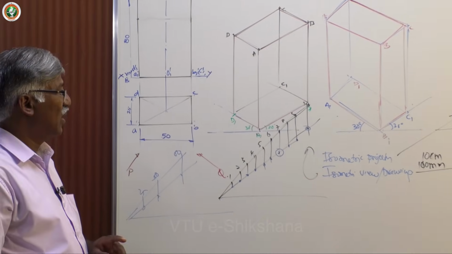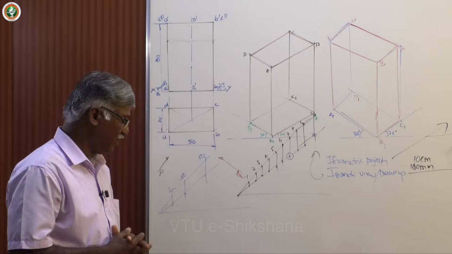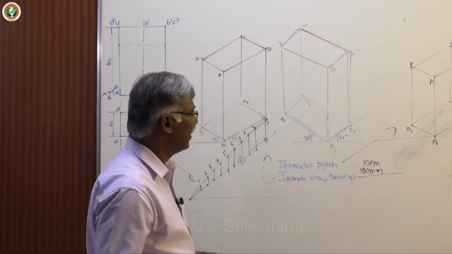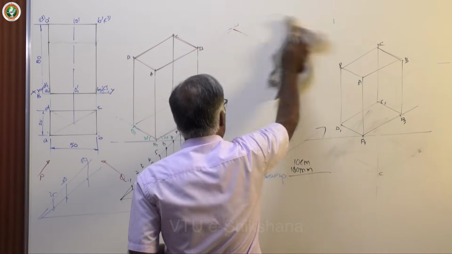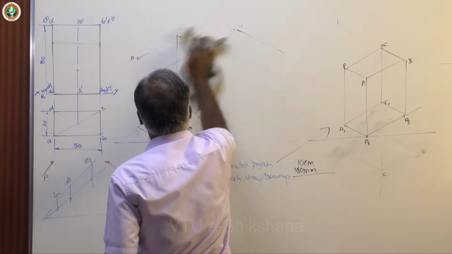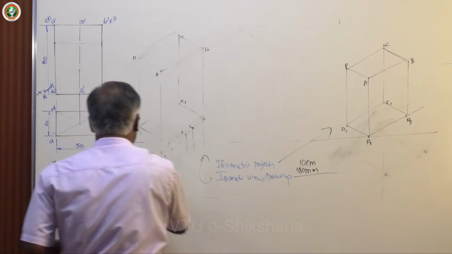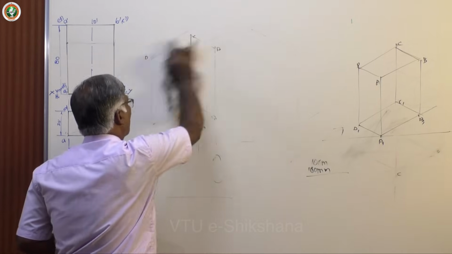Now, let us start working with three basic figures to continue with the isometric projection, that is the square, rectangle and circular lamina. Then it is easy to continue with the isometric projection. Different procedures, different problems.